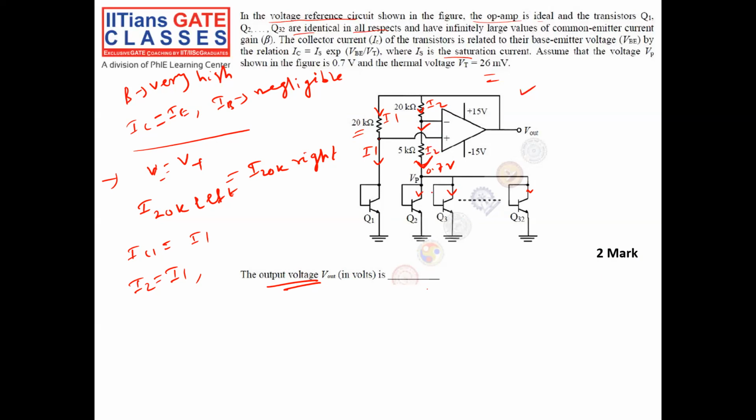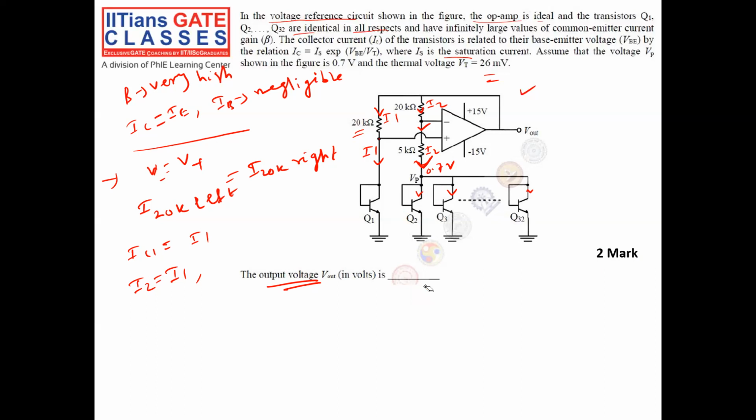I2 is nothing but I1, and since all are connected in parallel, having the same base-emitter voltage, and all are identical, the I2 will divide equally between them. So how much will this be, guys? I2 will go to the collectors of Q2 to Q32.